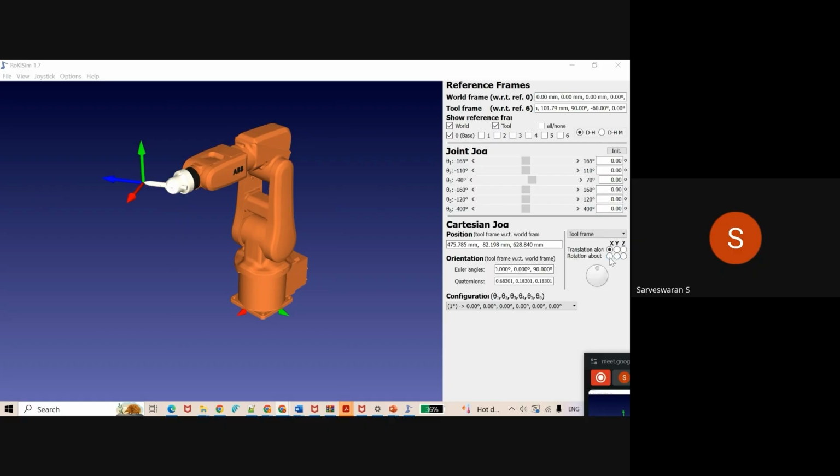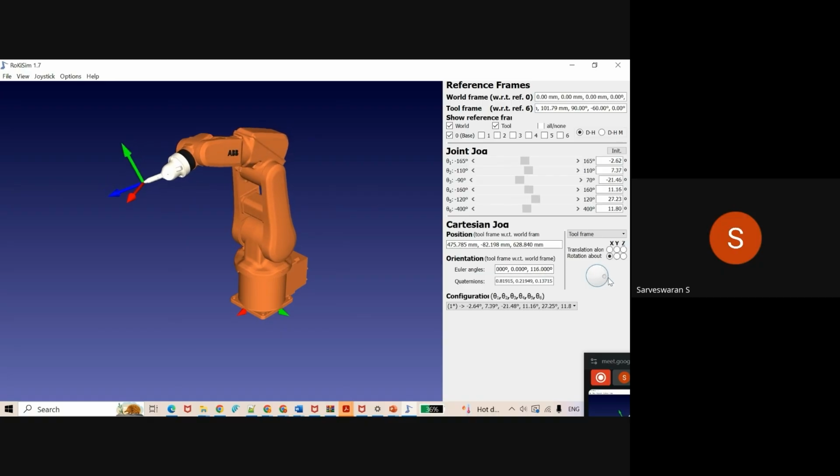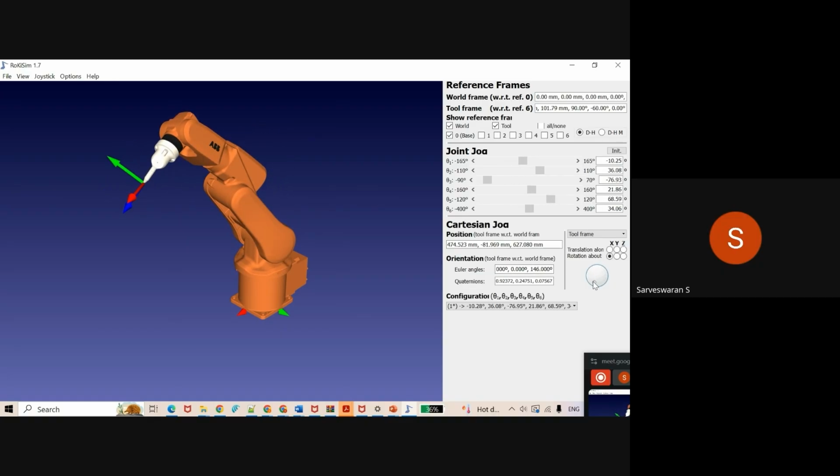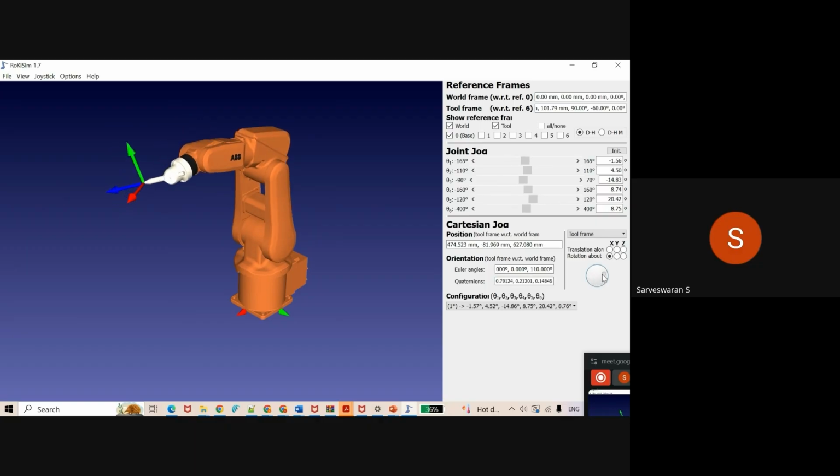When rotating about x, the x frame alone will remain constant. The remaining two frames will get moved. You can slightly move this robot.